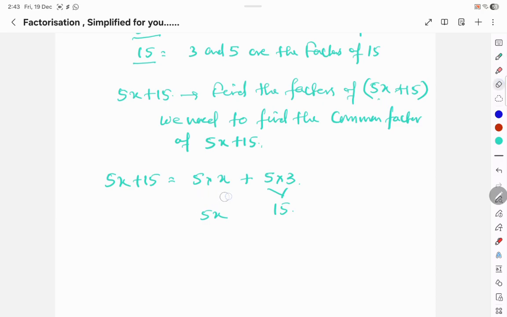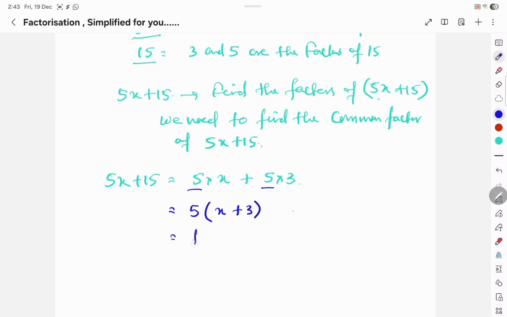Now see, we have 5 common for both the terms. We have 5 common here and we have 5 common here. So what we can do is take 5 common for both the terms. So here we will have x plus here we will have 3. Now see, we have got two terms, 5 and x plus 3.